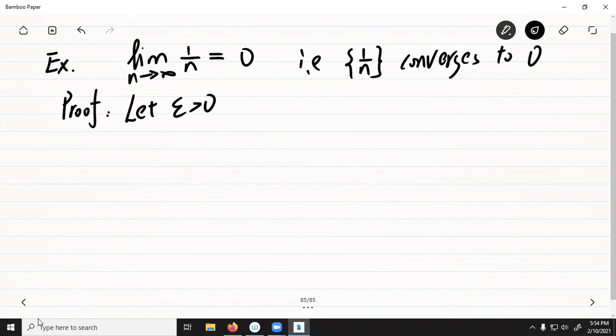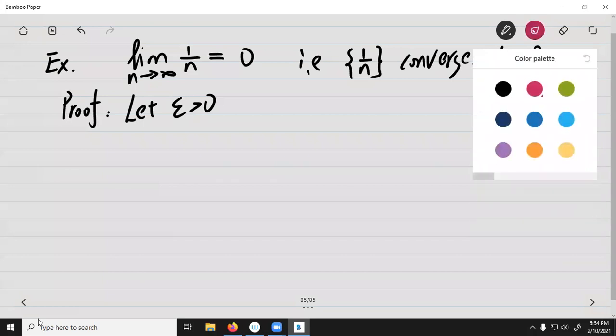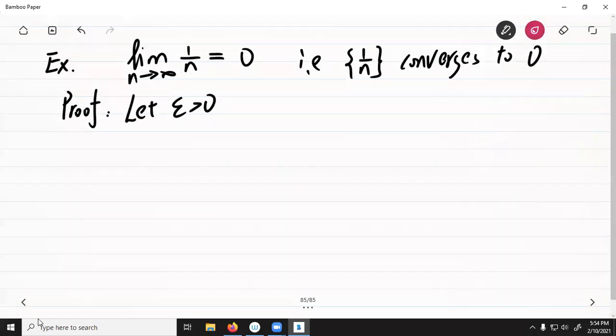So the idea is the following. I want to use a different color to tell you the idea.